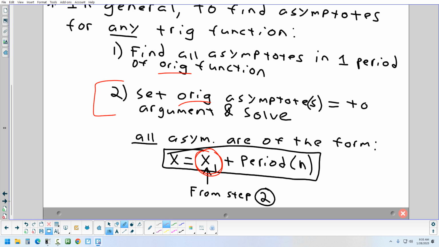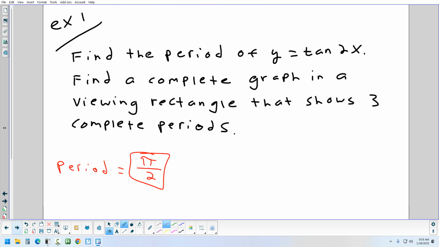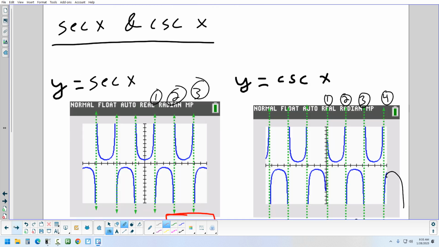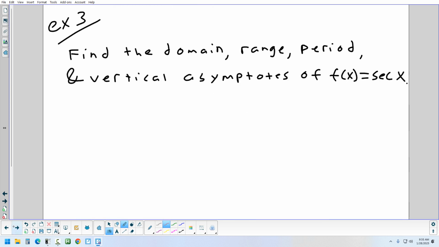Okay, does anybody have those two steps? Let's try this out. So this one doesn't even have any transformations.